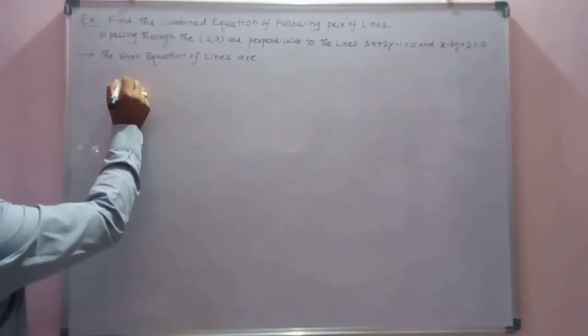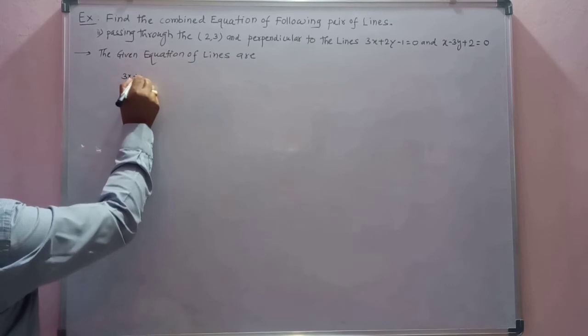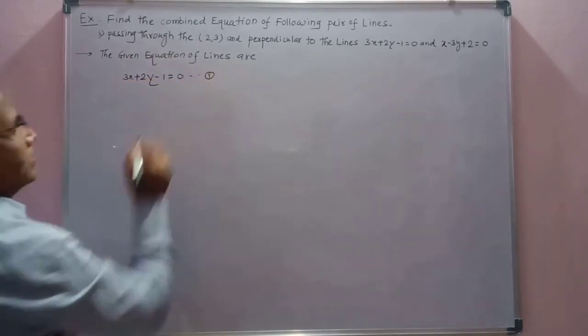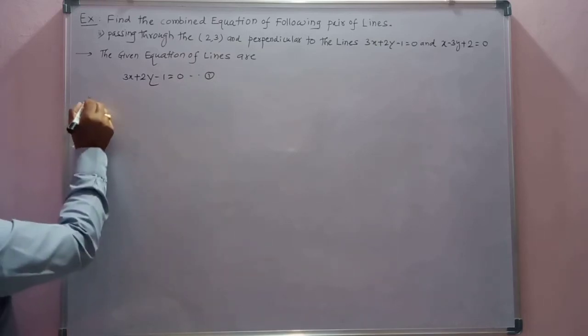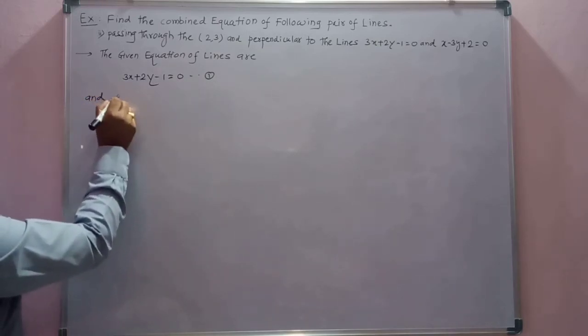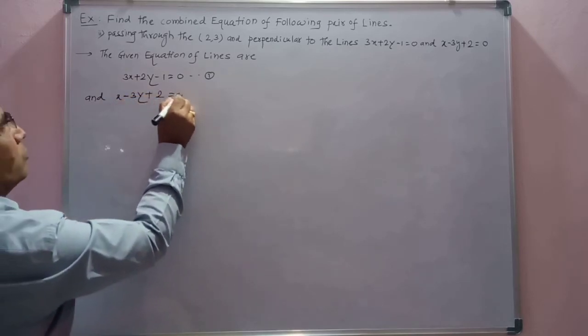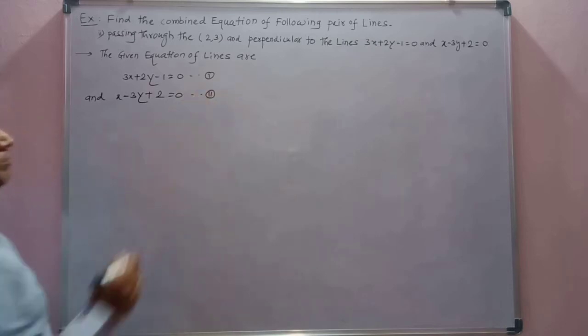The first equation is 3x plus 2y minus 1 equal to 0. This is the first equation, and the second is x minus 3y plus 2 equal to 0. This is the second equation.